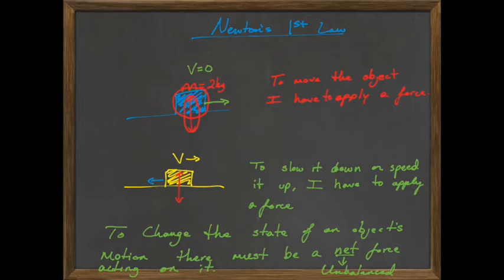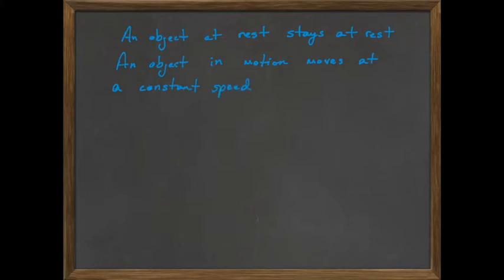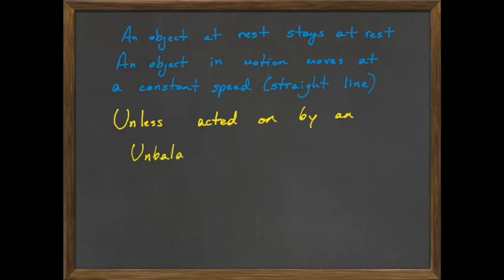So basically, and this is a more direct way of saying it: an object at rest stays at rest, or an object in motion moves at a constant speed and in a straight line, unless acted on by an unbalanced force.